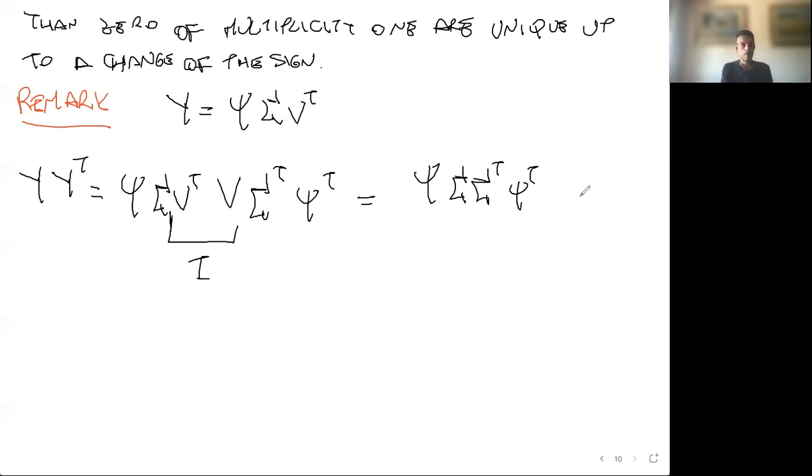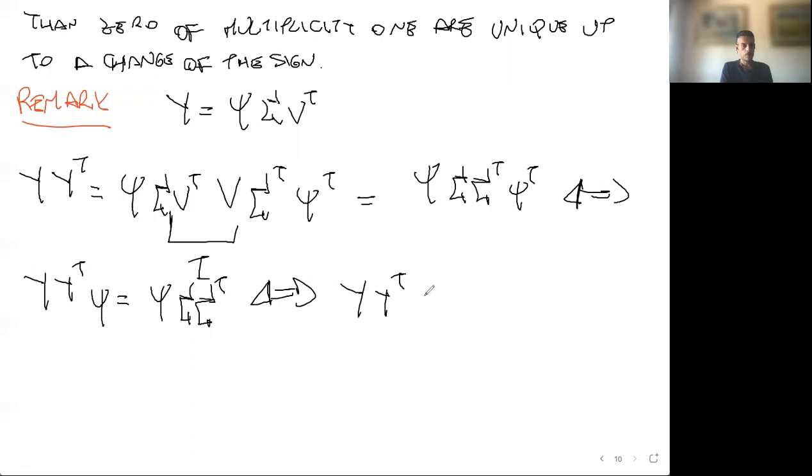That means Y Y transpose Psi is equal to Psi Sigma Sigma transpose. In other words, Y Y transpose psi_i is equal to sigma_i squared psi_i, for i equal 1 to R, the rank.